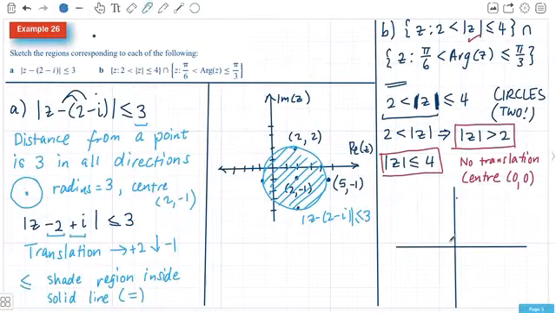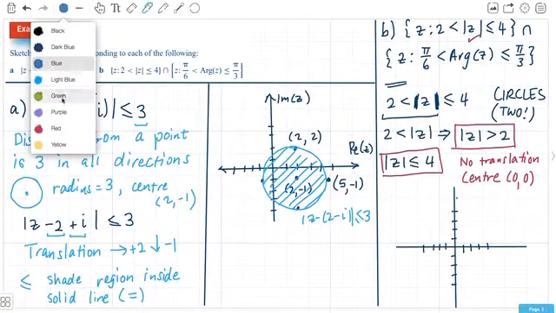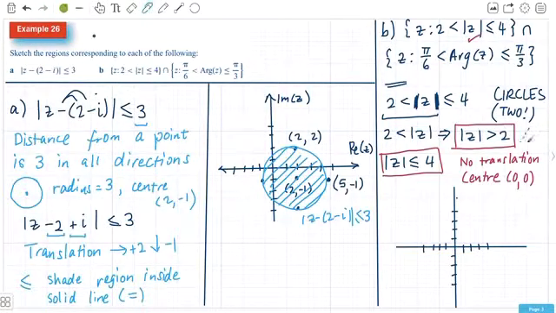So we're going to put in just my tick marks, 1, 2, 3, 4, 1, 2, 3, 4. Really need to go up to 4. So the first circle, we have mod z, the distance from the origin is greater than 2. Okay, but it isn't an equals sign, so that means that this has to be a dotted line. Okay, this one's an equals to, solid line. So let's do this one first.